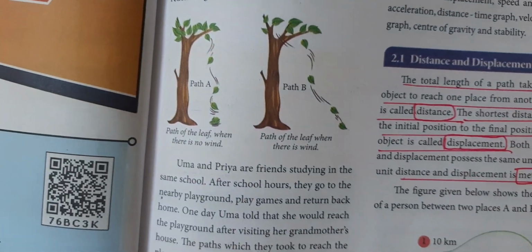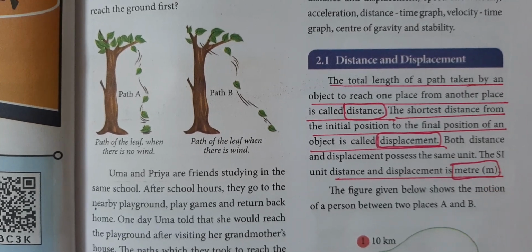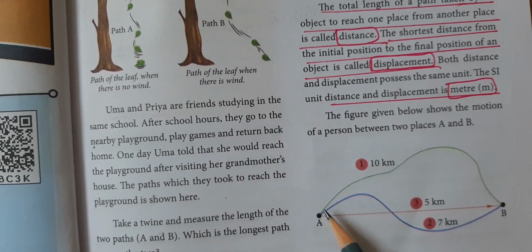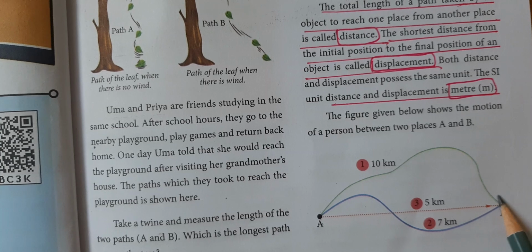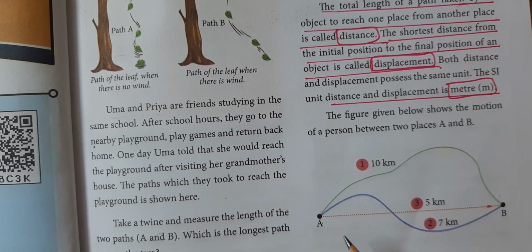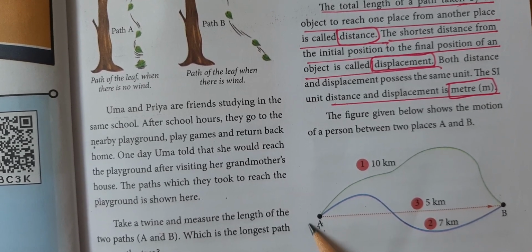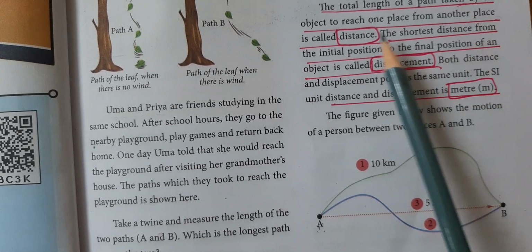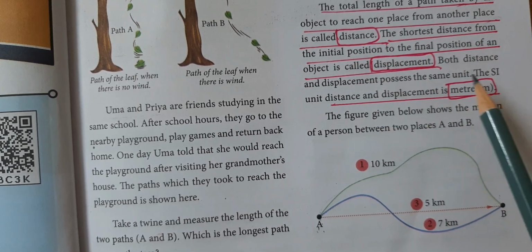The first one is what is distance and displacement. Distance is the total path taken by an object to reach one place from another place. For example, consider a person moving from place A to B. The distance covered is 10 kilometers. So the path taken by an object to reach one place from another is called distance.